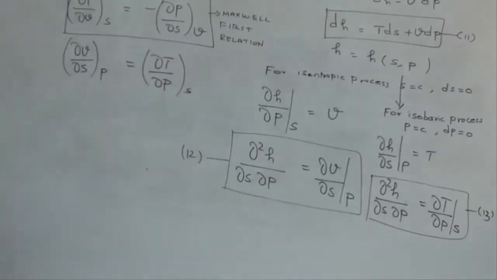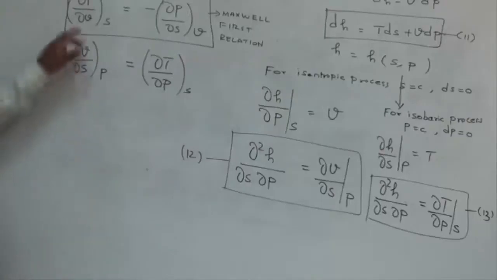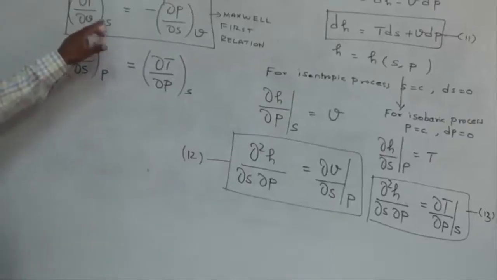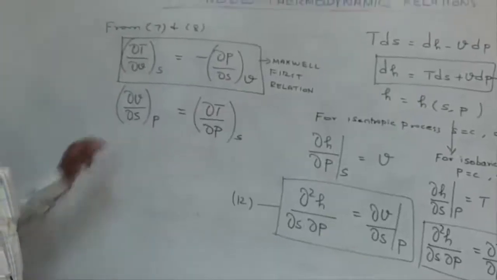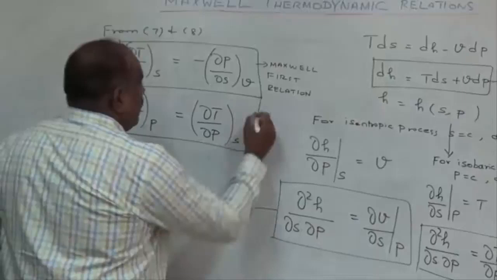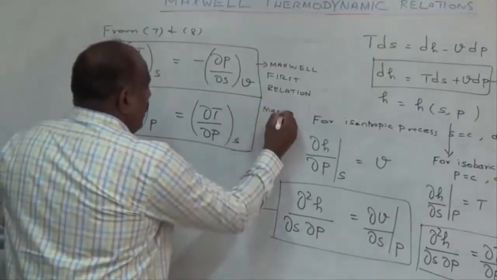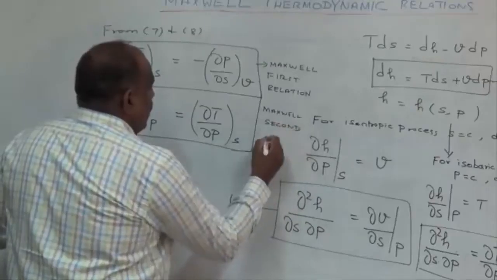One more thing: here ∂S means P will come, so it will be the other way, ∂P at constant S. Here also you can see ∂V at constant entropy, so it should be the other way, ∂S at constant volume. This expression is called the Maxwell second relation or second thermodynamic relation.